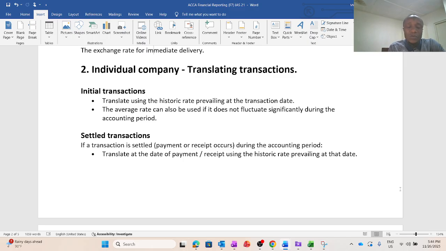For instance, if I want to purchase goods from my supplier, it means on the date, the rate today, which for my example is 20 leones per dollar, then we are going to translate the $1,000 we are supposed to pay to the supplier using the rate of 20.